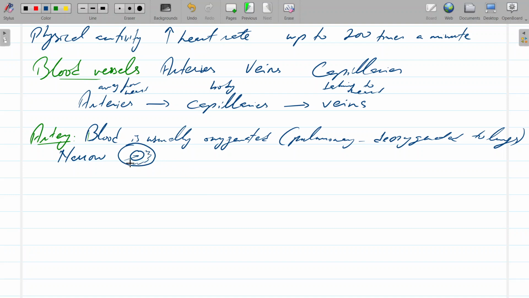Because all of this is muscle, and elastic fiber tissue and muscle fiber. So arteries: narrow lumen, and elastic tissue and muscle fiber. So these are what make up the walls of the artery.